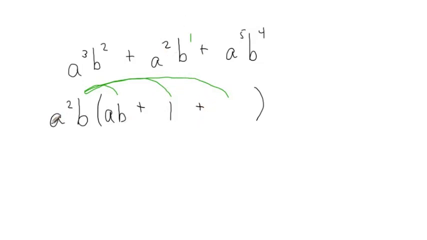Plus, what do I multiply a squared b by to get a to the 5th, b to the 4th? I need 3 more factors of a to go from a squared to a to the 5th. So I need to multiply by a cubed. And I need 3 more factors of b. So this is going to be b cubed.